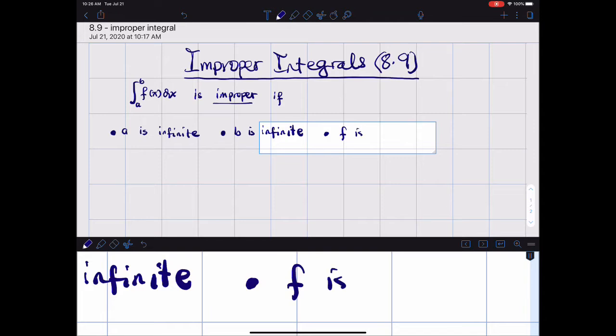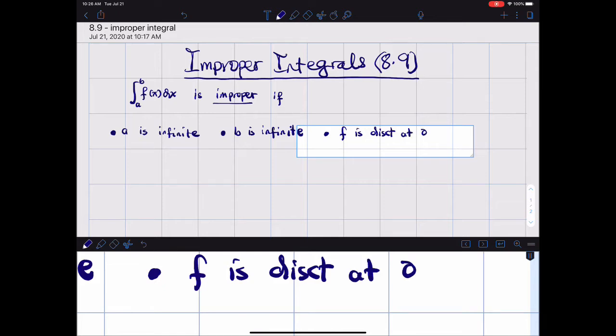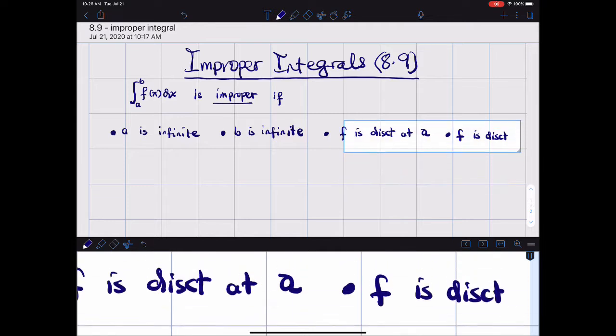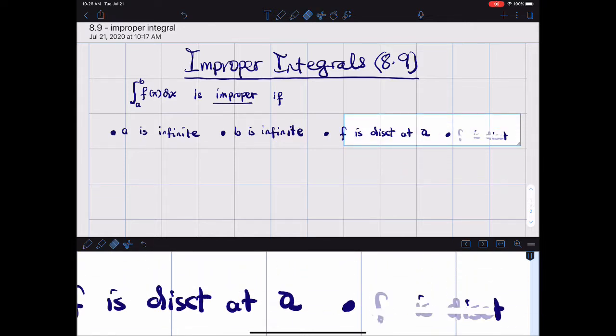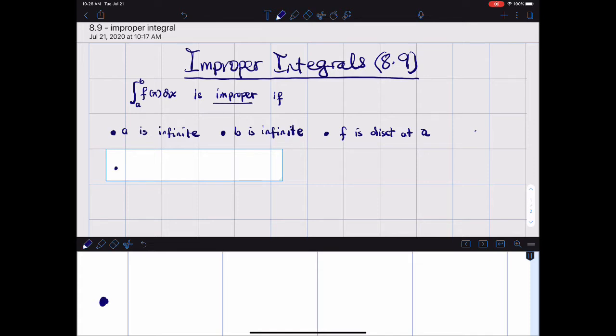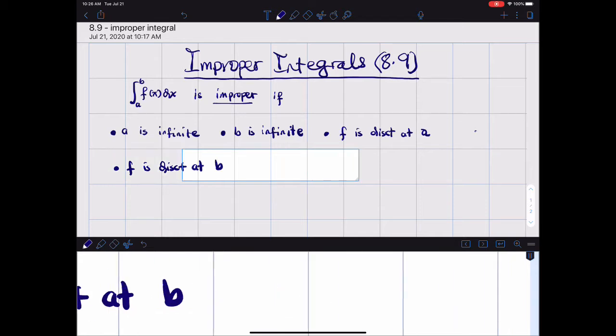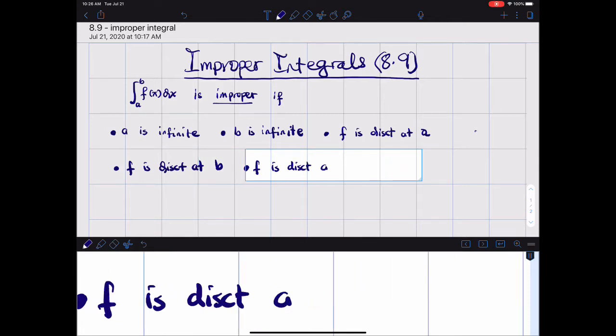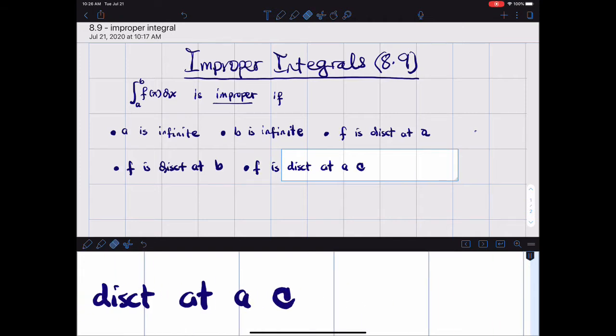If f is discontinuous at a, if f is discontinuous at b, or how about if f is discontinuous at a point c, and that c is between a and b.